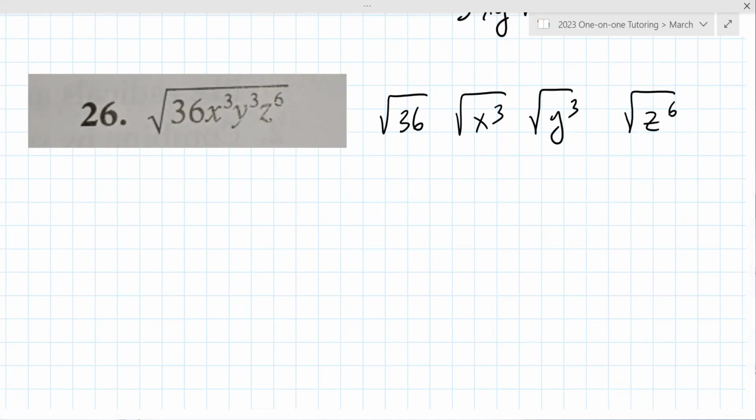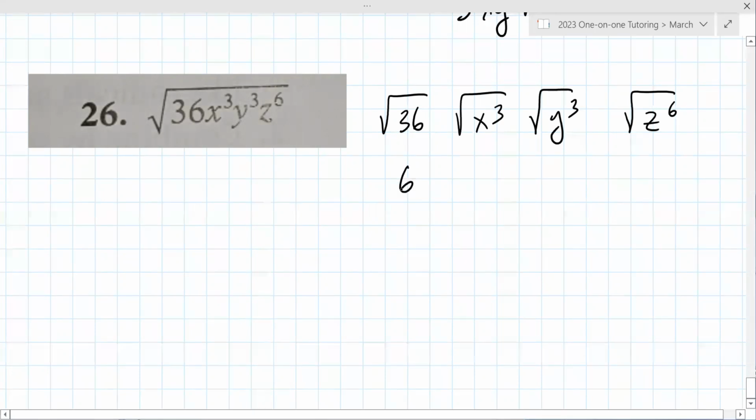Let's see. The square root of 36 is 6. Then x cubed, I would say that would be x square root of x.